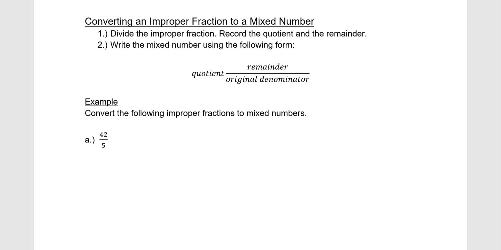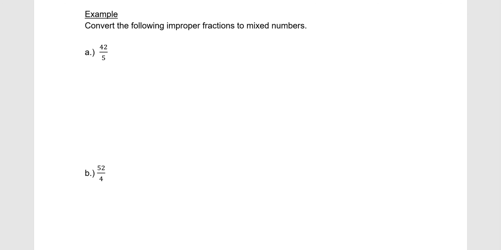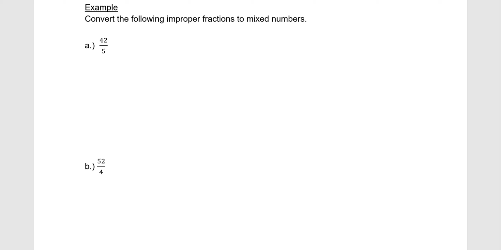We have 42 over 5 for this first one. So we're going to start by dividing this. We're going to do 42 divided by 5. So the 42 is what we call the dividend, and the 5 is called the divisor. Okay, so dividing this, we have to think, how many times does 5 go into 42?